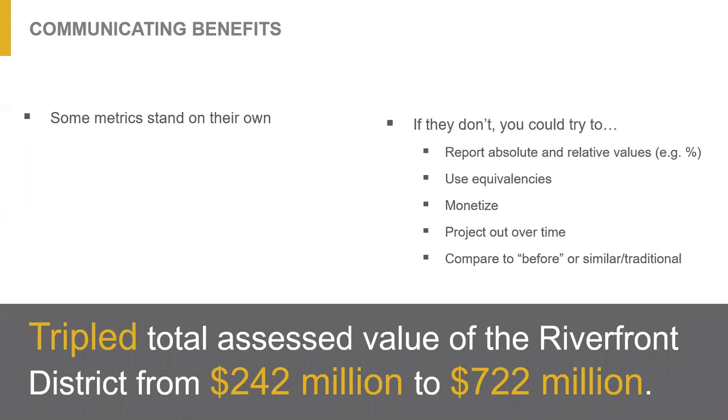You can also project out over time. As we know, a newly planted tree doesn't sequester much carbon, but it really increases dramatically 10 years, 20 years down the road. So you can say, these trees sequester so much carbon now, but in 10 years, they will sequester X amount. Finally, and also very commonly, you can compare to the before or the traditional scenario.